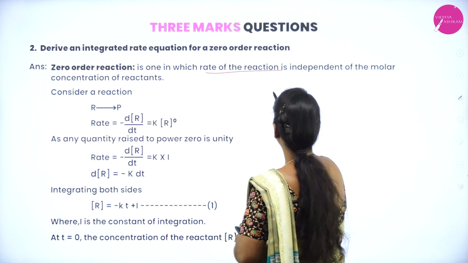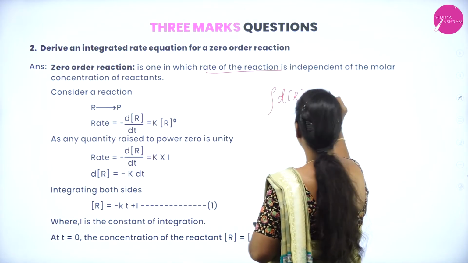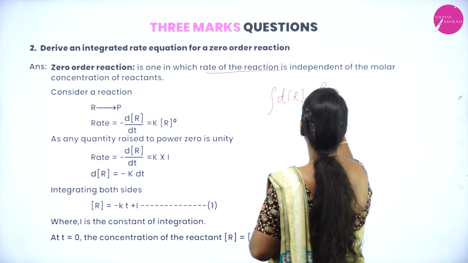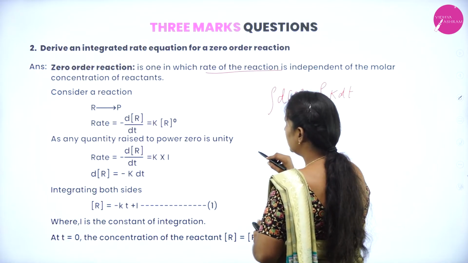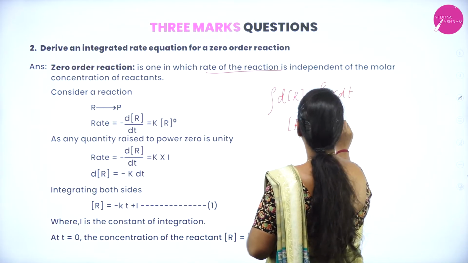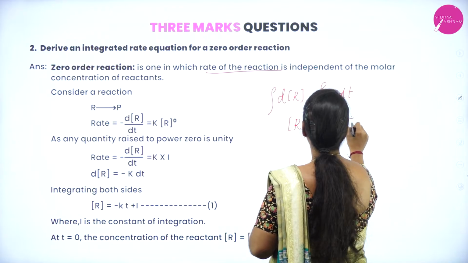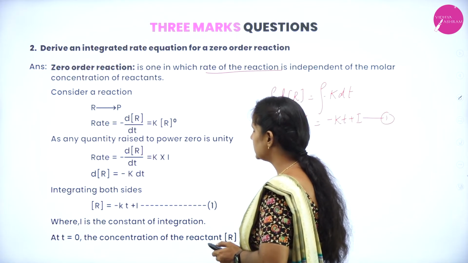Now, if you integrate, the integration of d[R] is equal to the integration of minus k dt, you will get [R] equal to minus kt plus I. This is equation 1, where I stands for the integration constant.